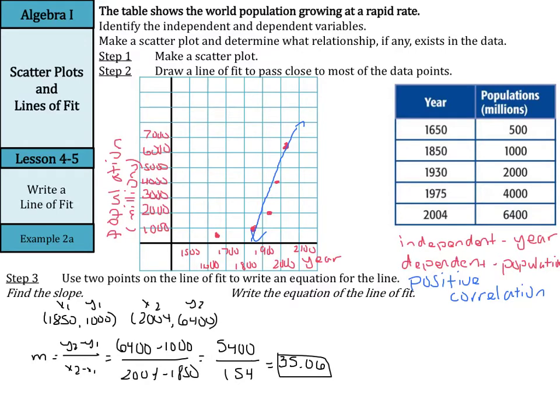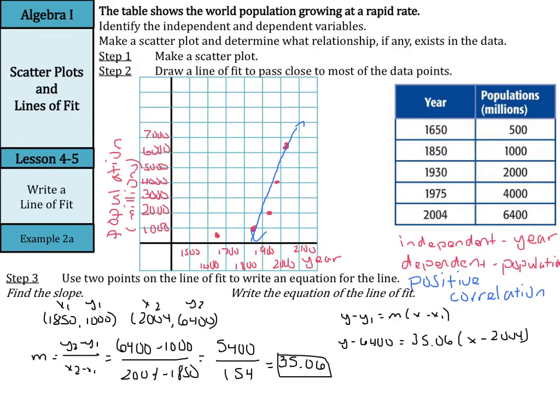Now, when we want to write the equation of the line of fit, let's start off in point-slope form, which is y minus y1 equals m times x minus x1. Let's pick the 2004 point. y minus 6,400 equals 35.06 times x minus 2004.